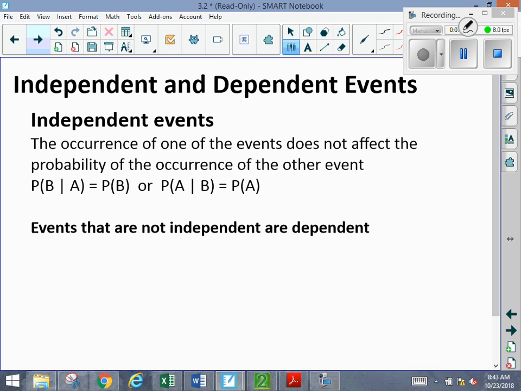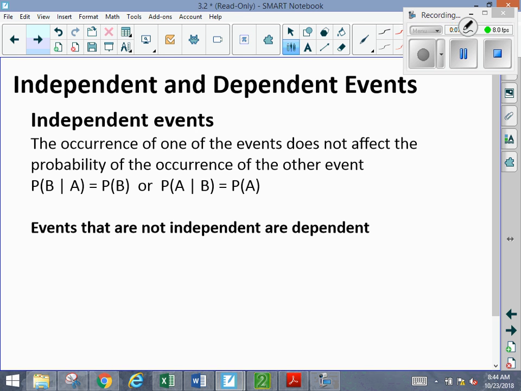Here we're going to look at independent events. The occurrence of one of the events does not affect the probability of the occurrence of another. So the previous one that we did, those two events were not independent. Thinking back to the cards, the probability that I pull a king given that I've pulled the queen is going to be different.